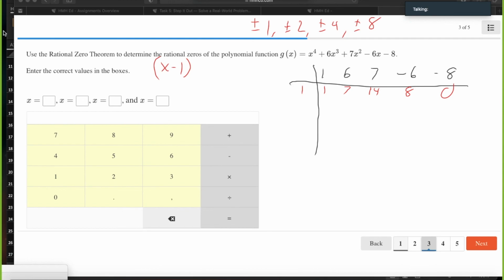So what do we have left? We've got x cubed plus 7x squared plus 14x, done, and plus 8.